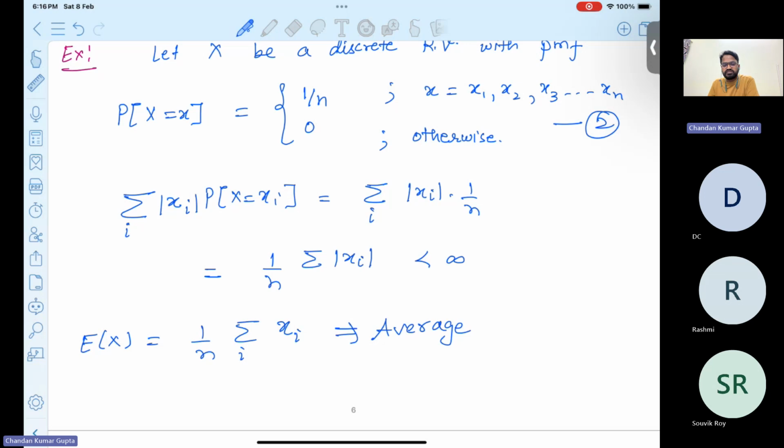Average is defined as the sum of observations upon the number of observations. So here the observations are x1, x2, x3, and the total number of observations is n. So it is the sum of the observations divided by the number of observations. This is the case for a discrete random variable.